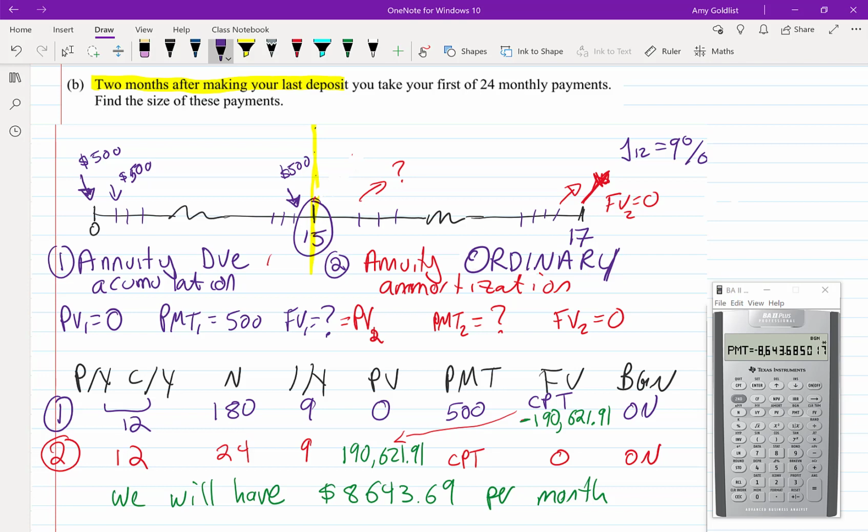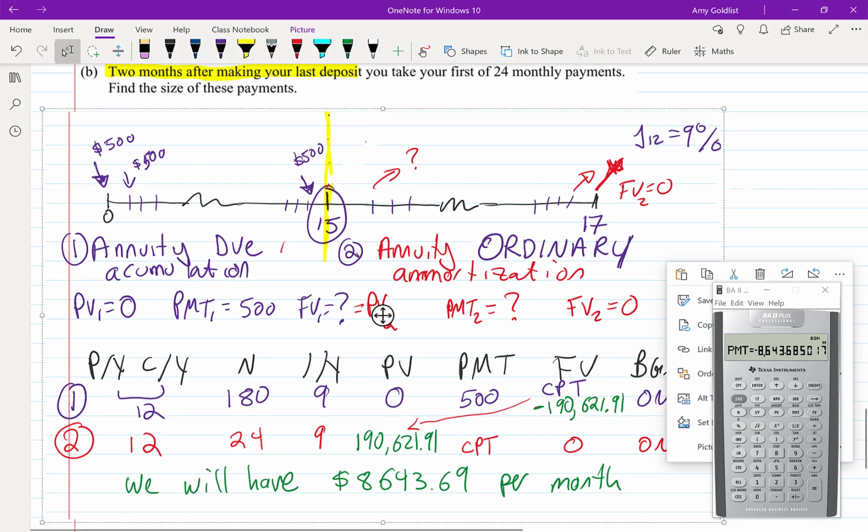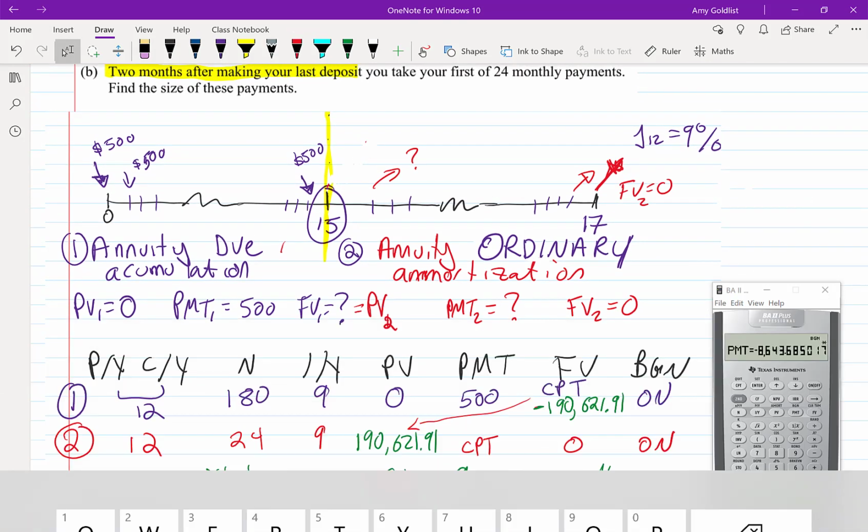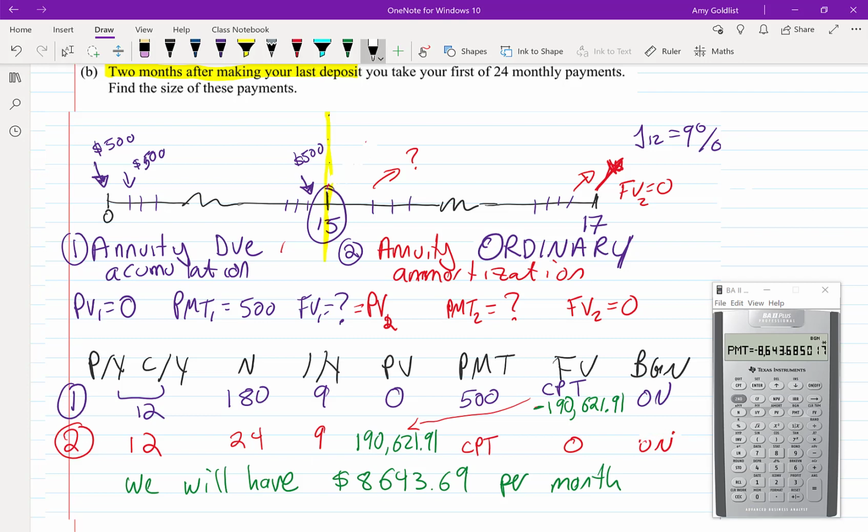Still in amortization, everything is the same except for this begin right over here. All we're going to do to make this different is change this to off. I'm going to highlight these changes. That's it. All we've done here is change one button. That means that everything is already properly stored in my calculator.